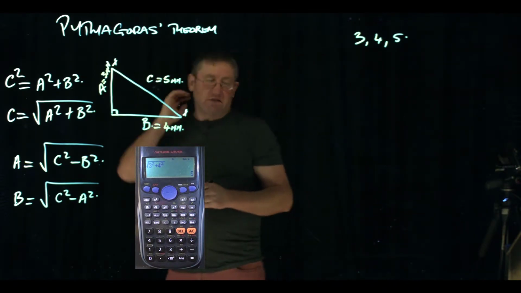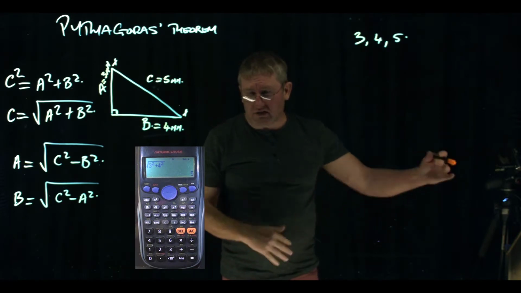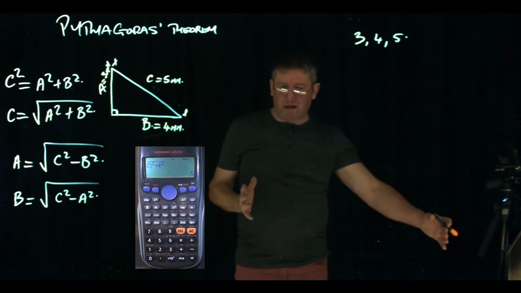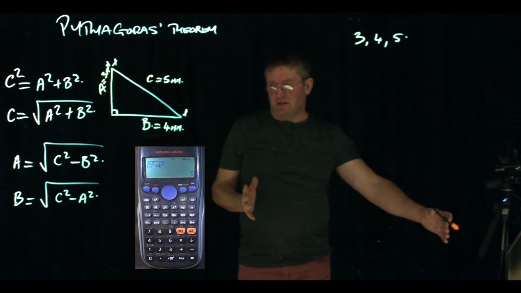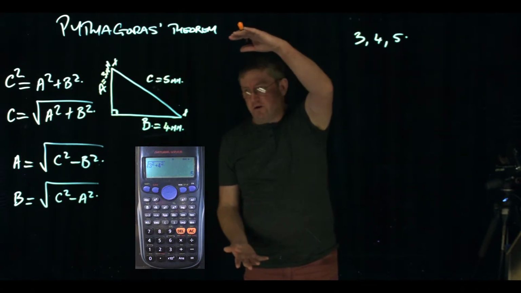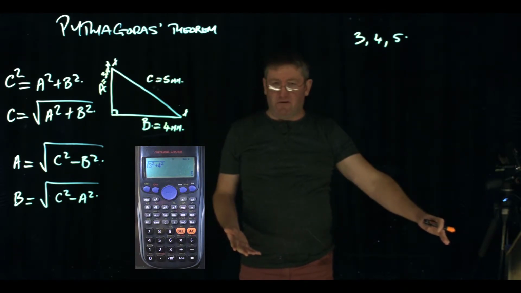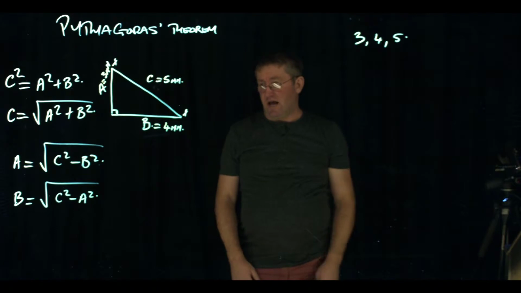So that's a very common one. People doing boxing or trying to get something square can measure down one leg 3 units. It doesn't have to be millimeters, could be meters, could be kilometers. Up 4 units, and the line across them would end up being 5 units if you had a square.